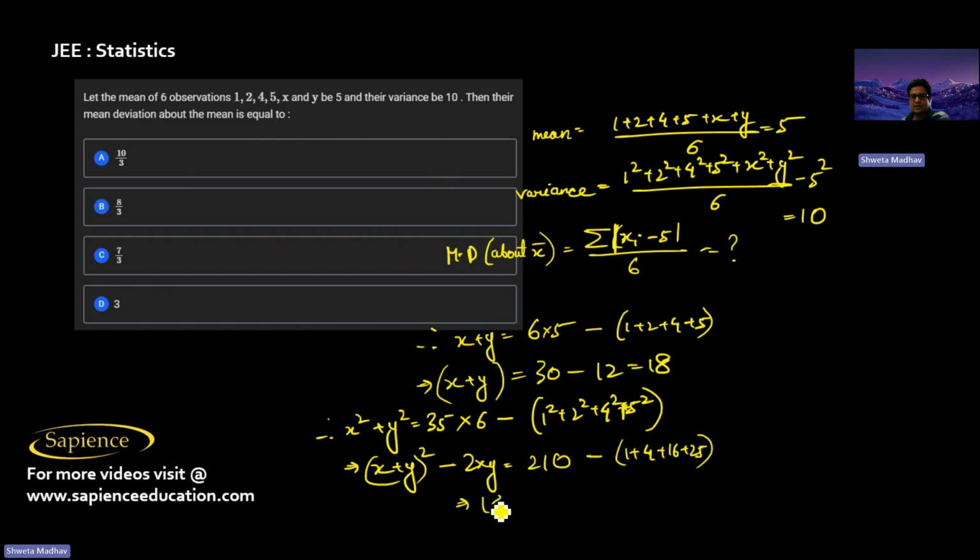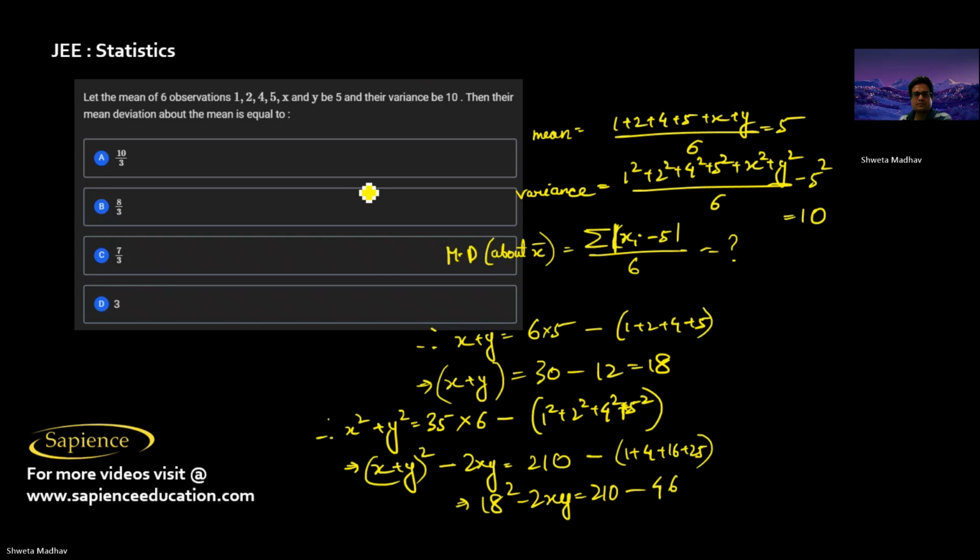So now therefore 18 square minus 2xy is equal to 210 minus this: 16 plus 4 is 20, 21, 21 plus 25 is 46. And 18 square is 324. So 324 minus 2xy is equal to 210 minus 46.